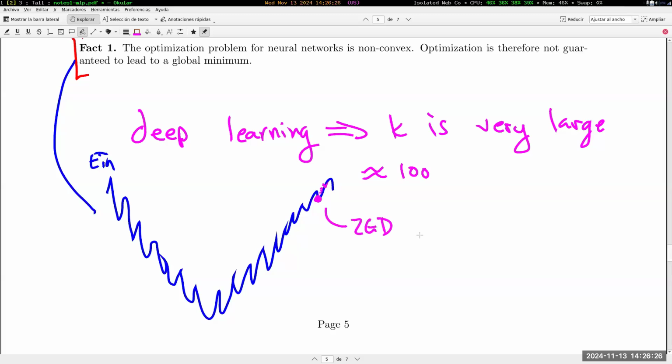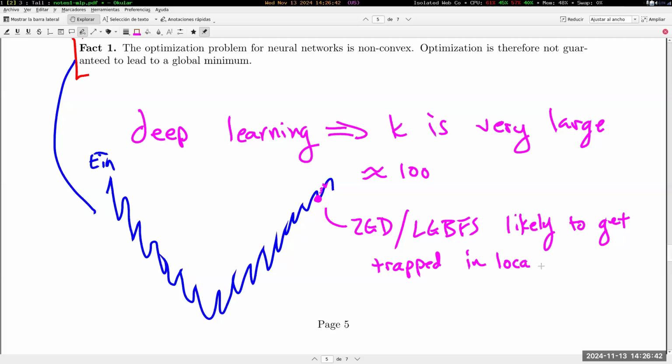So, in particular second-order gradient descent, L-BFGS, is likely to get trapped in local minima, but SGD or Adam, Adam again being a variant of that, can, because there's inherent randomness, you're going to bounce out of these local minima and not get stuck somewhere up at the top.